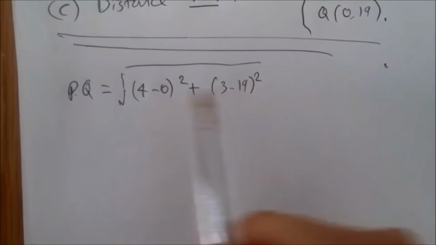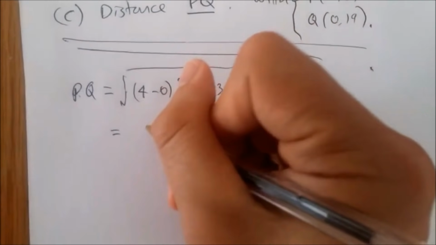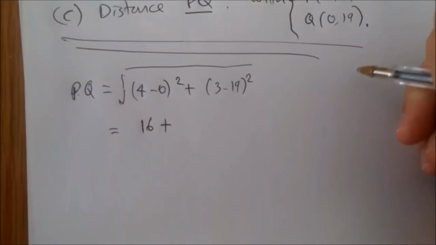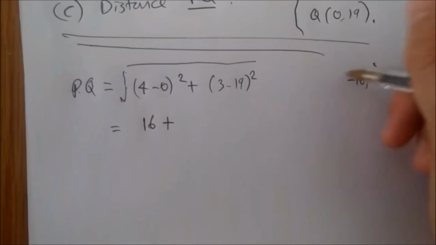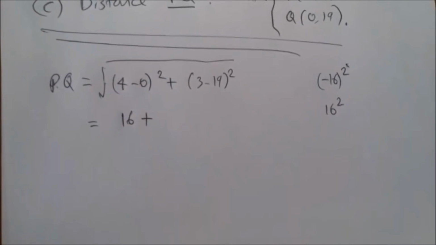Now, just simple maths, so let's expand the brackets. 4 take away nothing squared is 16. 3 take away 19 is minus 16, so minus 16 squared, you can just work with 16 squared.